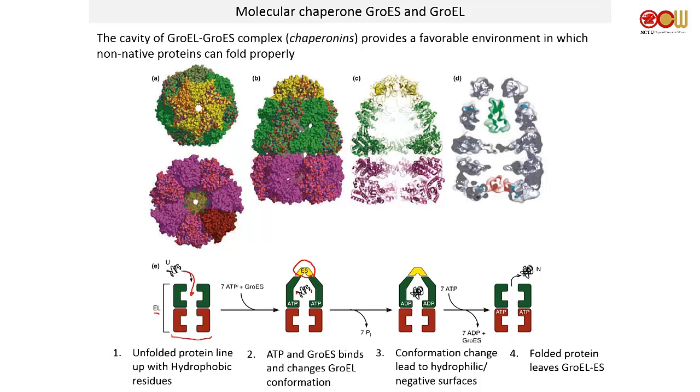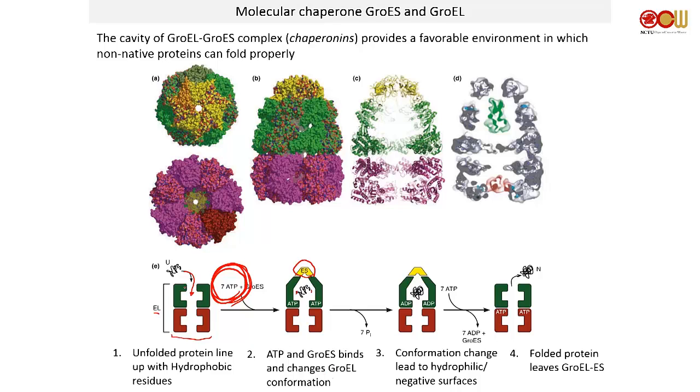And then what do you do? You load ATP, the magical power of ATP. Remember, ATP has a lot of what? Energy, right? Has a lot of energy stored inside. So ATP binds to your molecular chaperone, and when ATP is hydrolyzed, your molecular chaperone changes shape. You have a conformational change.